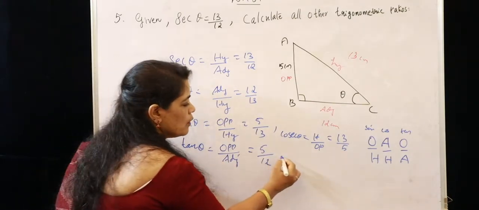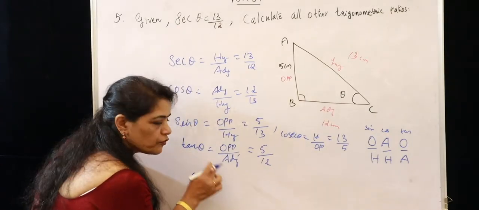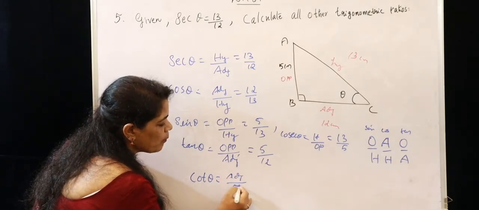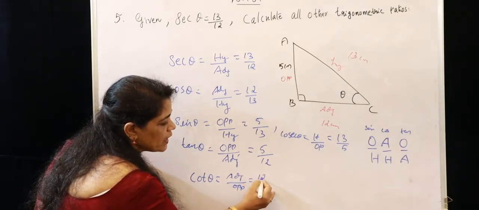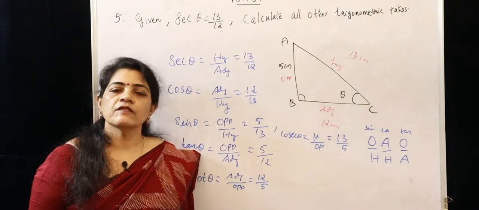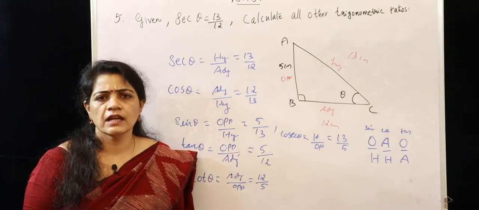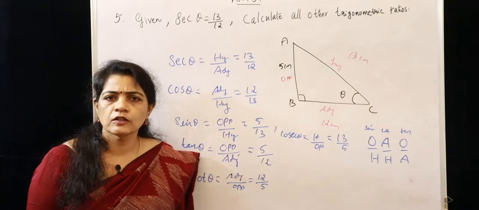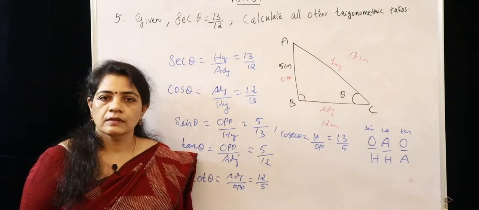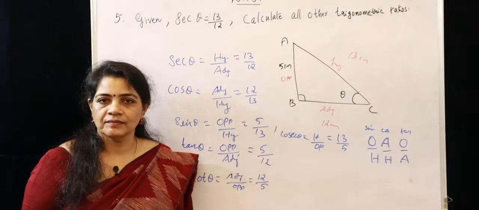Cot theta, the reciprocal of tan, will be adjacent by opposite, that is 12 divided by 5. This is the way to find the remaining trigonometric ratios: draw a right triangle, get the third side by applying the Pythagoras theorem, and write down the correct ratios.